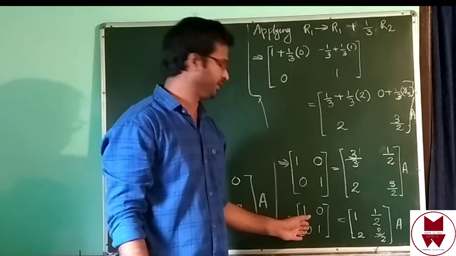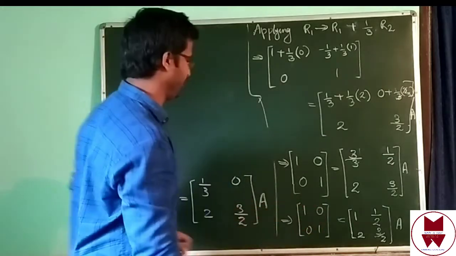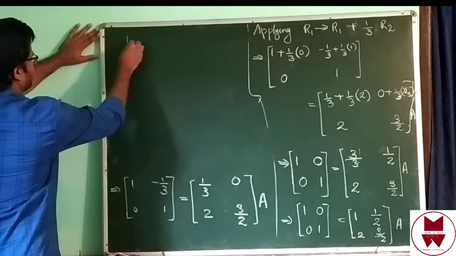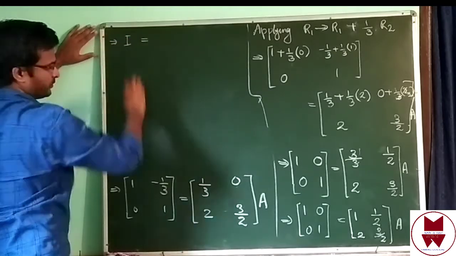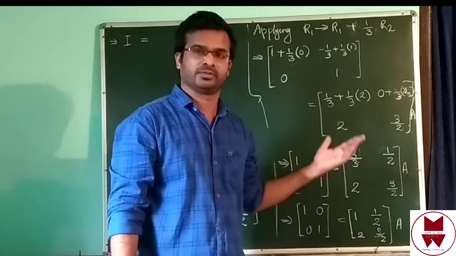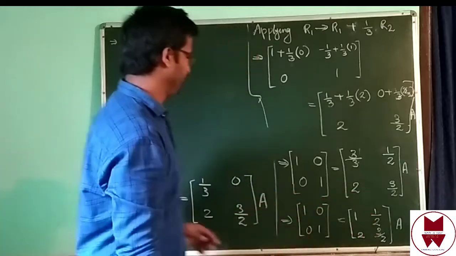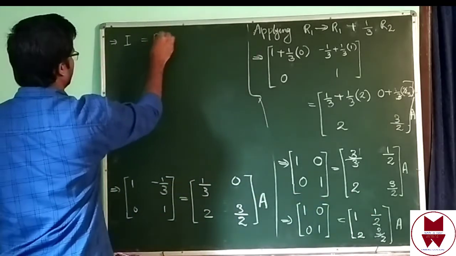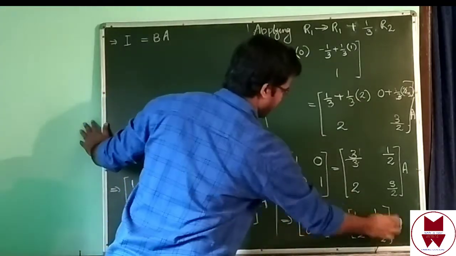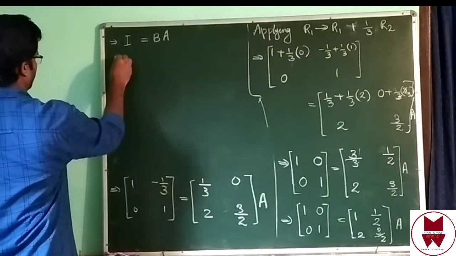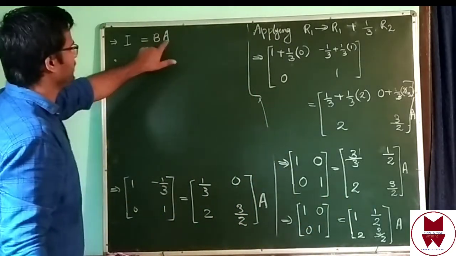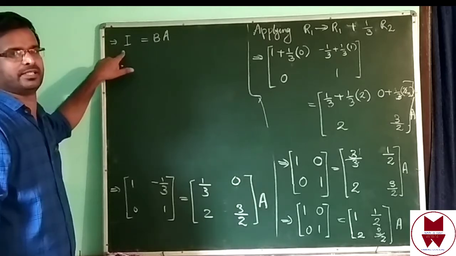Then on the left side, what is this? This is I, isn't it? Identity matrix. We can write I equal to, this is one matrix. We don't know which matrix, that's why just give B. B into A, same A. Therefore, B into A, we got identity matrix, isn't it?